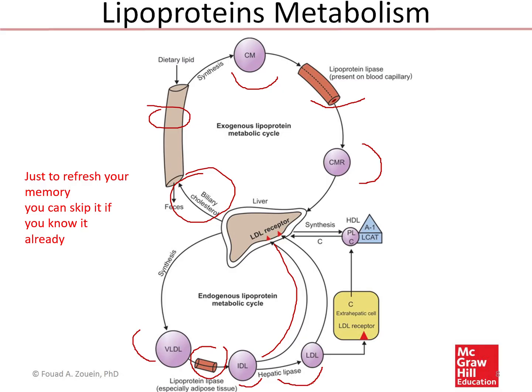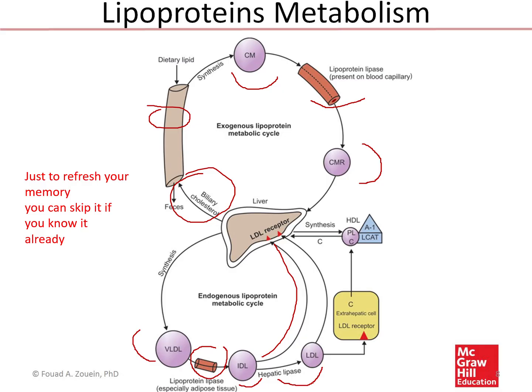The LDL then binds to the LDL receptor, which is located on the peripheral tissues. Once it binds to the receptor, it's internalized into the cell, where cholesterol is released and taken by the cell. Now, like anything really, if you have it in excess, you don't need it.